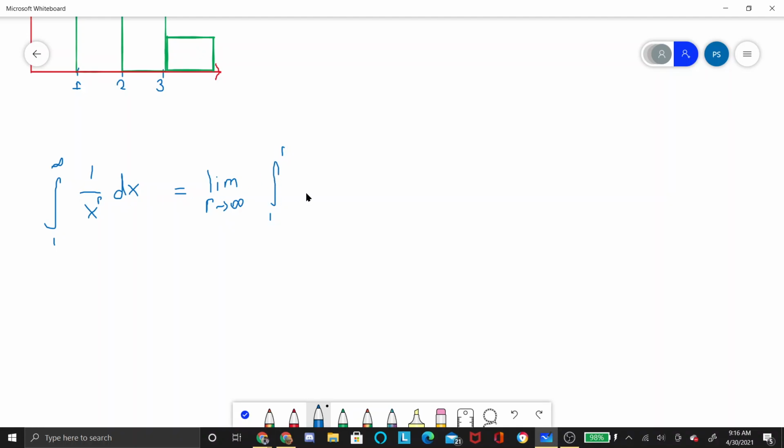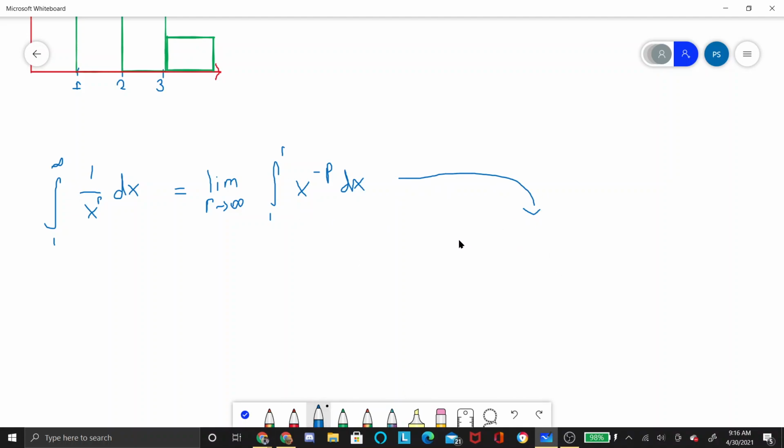Let's actually change the form here as well, as we did before, x to the negative p dx. So to find the antiderivative, we can just use our power rule.